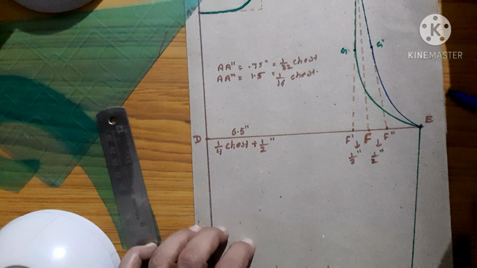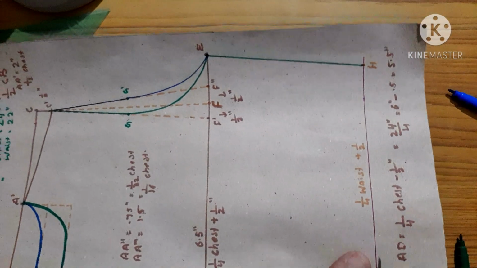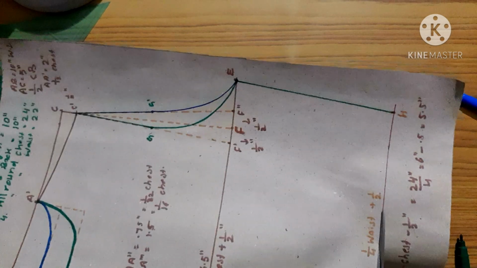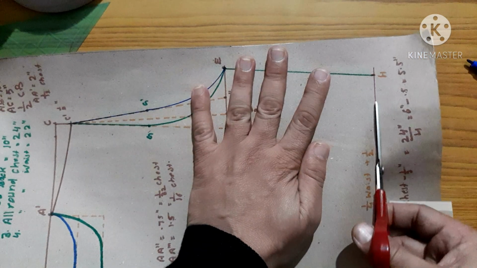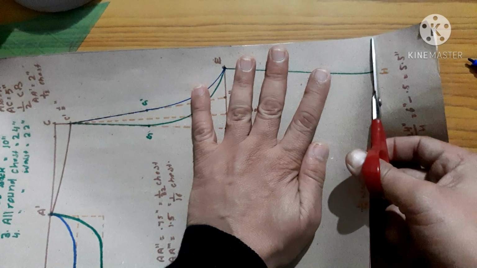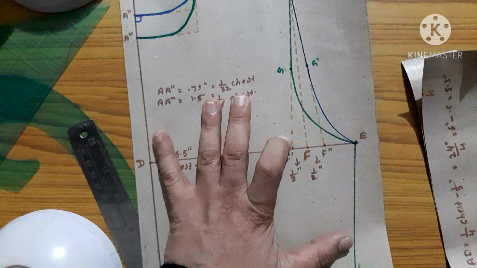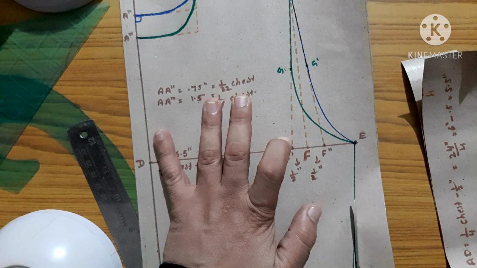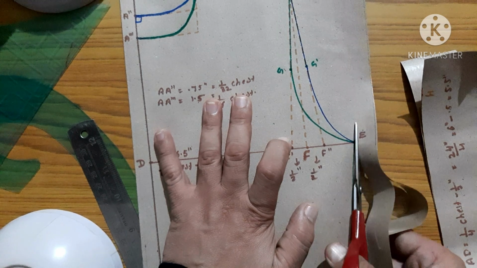How to cut this block? So friends, first we have to cut the back portion. These are the common lines. I'm cutting it straight away.